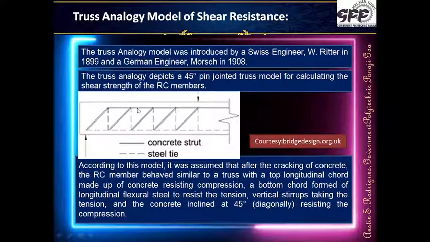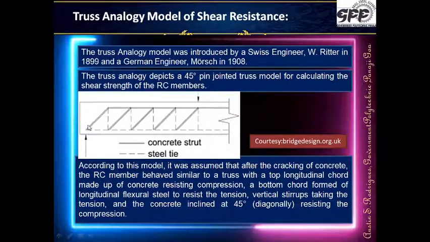Each joint is pin jointed. It is a pin at each of the joints. We understand that the bottom member, the longitudinal reinforcement, is in tension. The top chord over here, we need not have a reinforcement, but the top chord is in compression. The concrete over here is in compression, so the compressive force forms this top chord.